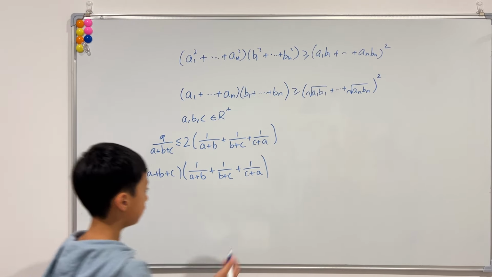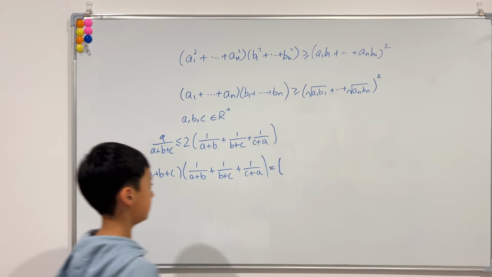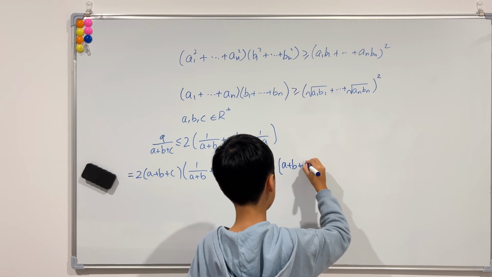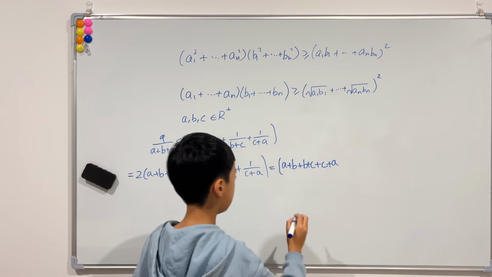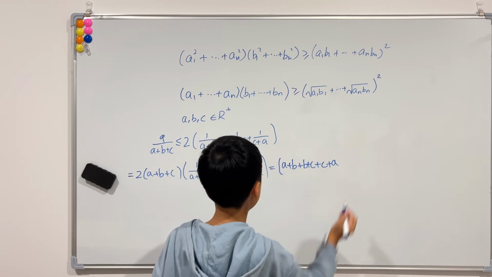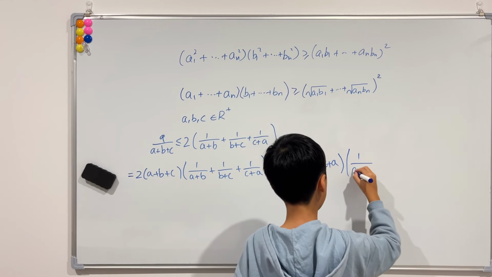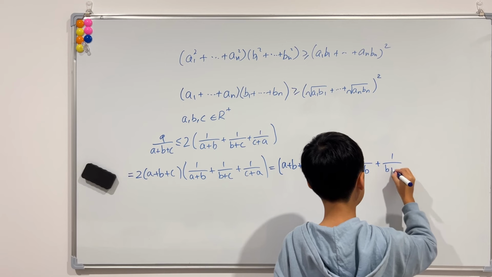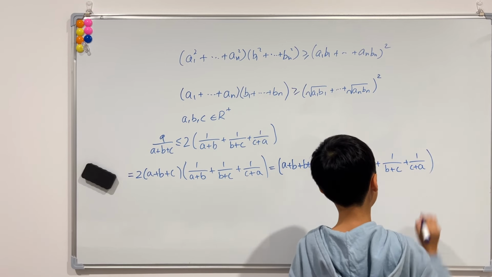So this will be equal to, of course, I think you can guess it, a plus b plus b plus c plus c plus a. And you can check: 2a's, 2b's, 2c's. And we multiply it by 1 over a plus b plus 1 over b plus c plus 1 over c plus a.